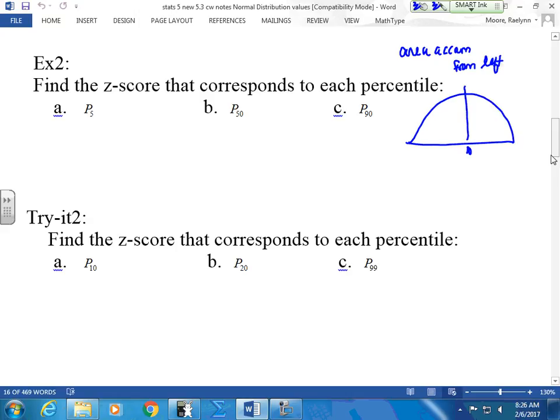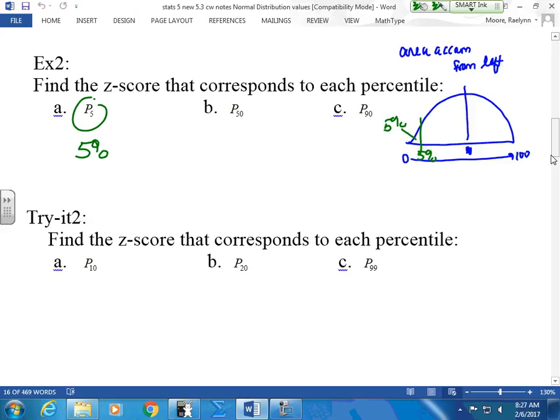So if this is our z-score in the middle, our areas go from here to 100, right? So if we're looking for a percent of 5, that means we want to come from the left 5%. So we want to just cover 5% right here. I'm in the 5th percentile. I didn't do very well on my scores. There's not a lot of people I'm better than, right?